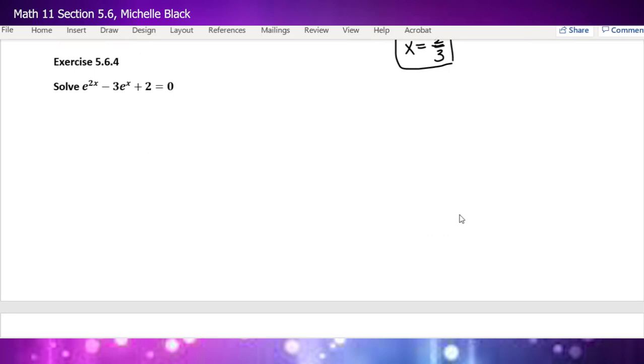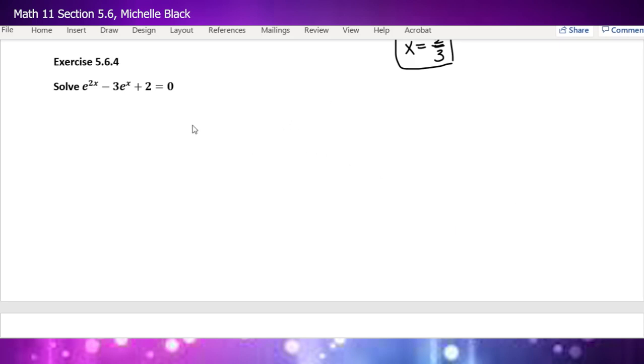Exercise 4. We have e to the 2x minus 3 times e to the x plus 2 equals 0. Maybe some of you look at this and think that this almost looks quadratic, or at least it has kind of a similar setup to the equations we've done previously where we utilized a substitution.